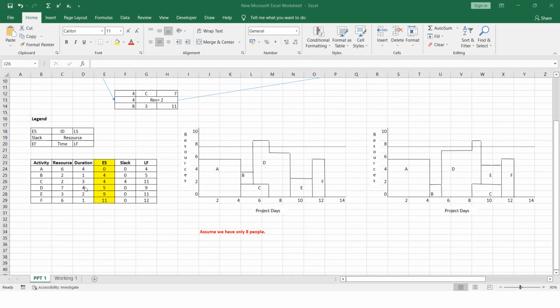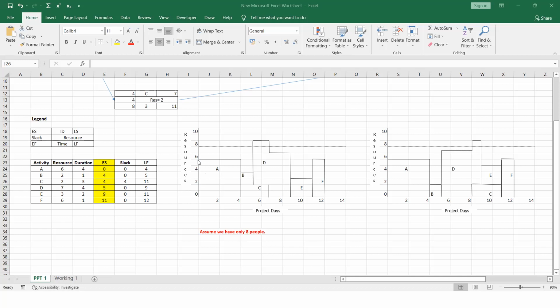So I will take activity A and the early start time. For activity A, how many resources are we needing? We need 6 resources. So 6 resources are indicated here: this is 2, this is 4, this is 6.